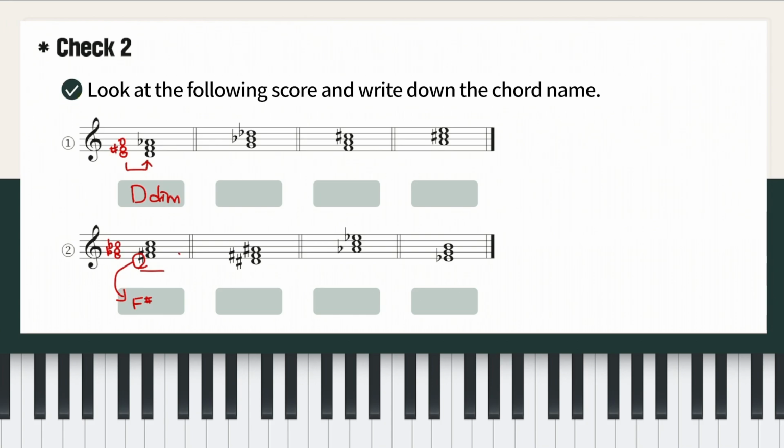And then here is the major triad. So find out the difference between the major triad and the given chord. Then here is the flat on 3rd and flat on 5th. So the quality is diminished. We already know the root note, so you just combine the quality with the root note. So this chord is F sharp diminished.